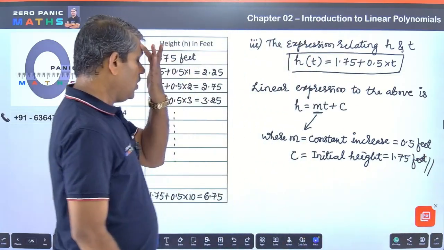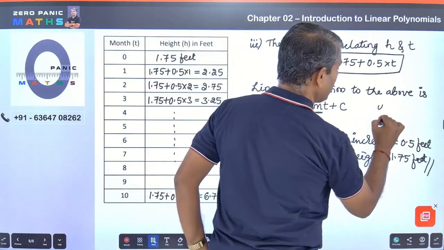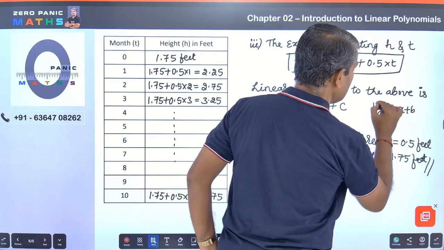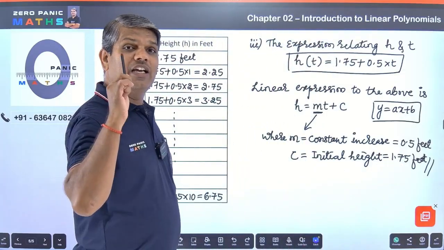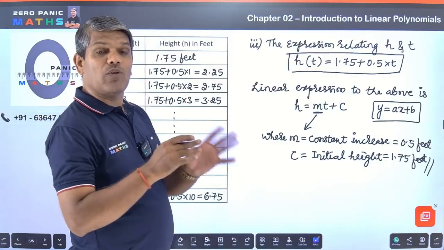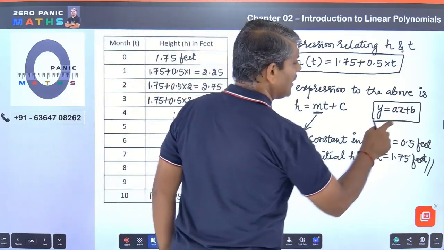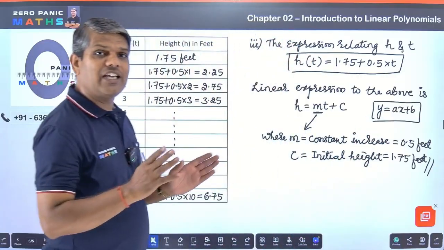Okay, so you see that this is a linear equation. You remember the linear equation was of the form y is equal to ax plus b. Initially we discussed what is called a linear equation. A linear equation is an algebraic equation in one variable x whose highest degree is 1.